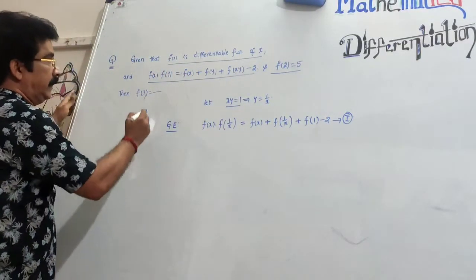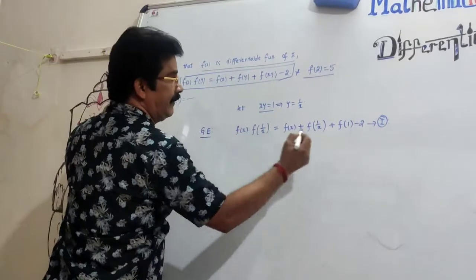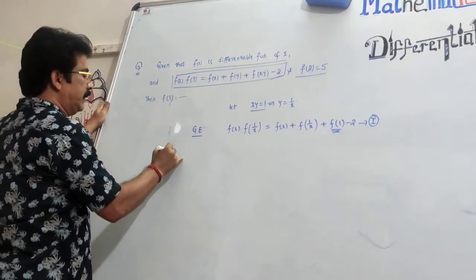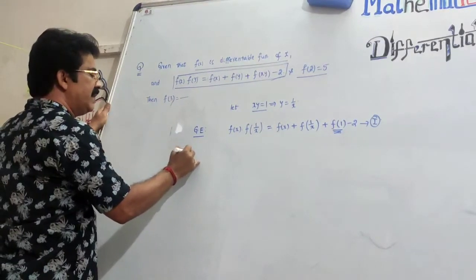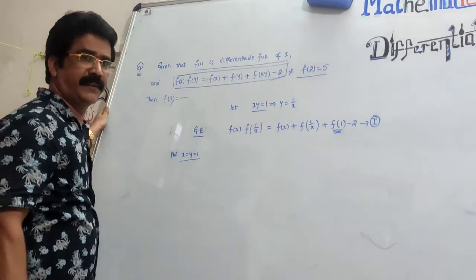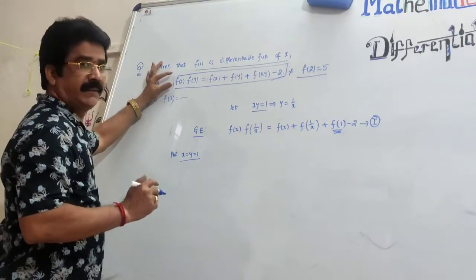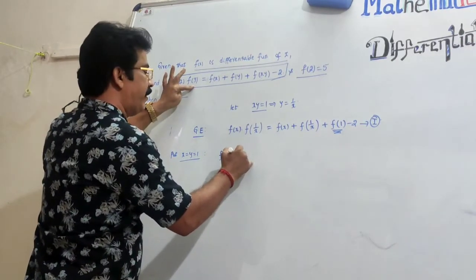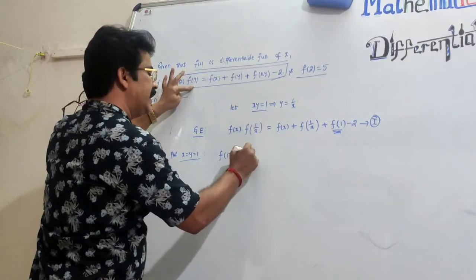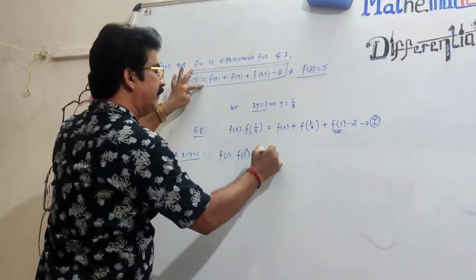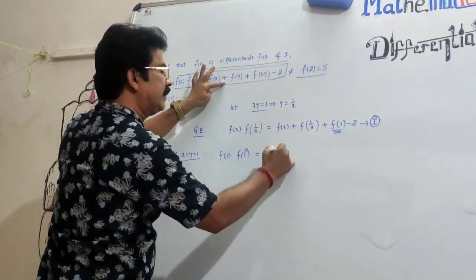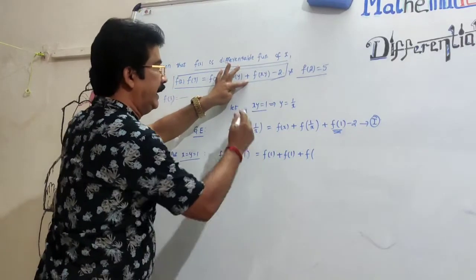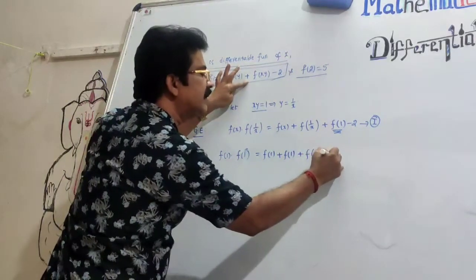Keep it up. Next, we have to find the f of 1 value. Understand? So for which put x value 1 and y value 1 for finding f of 1 value in the given equation. Then it becomes f of 1 into f of 1 is equal to f of 1 plus f of 1 plus f of 1 minus 2.